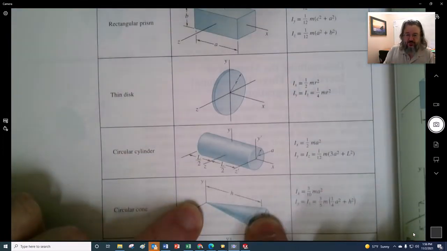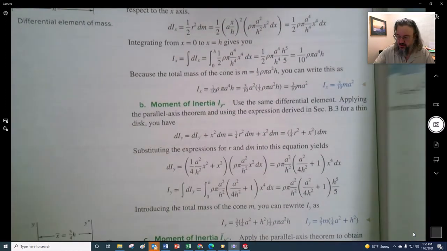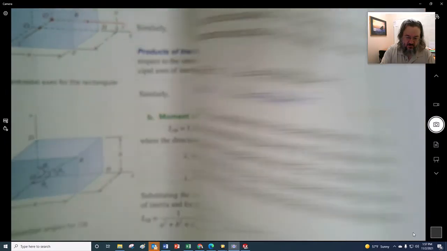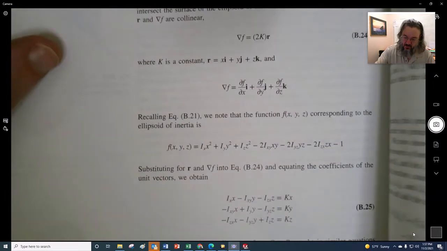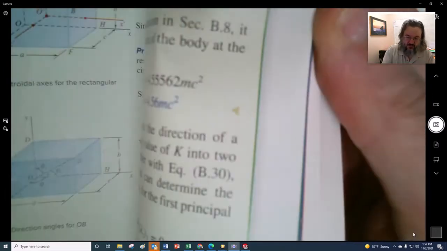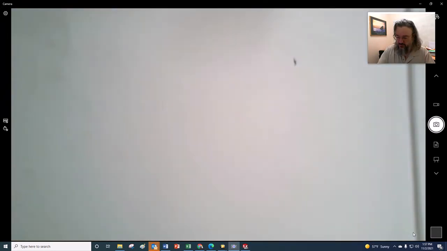But I'm looking for the height of the center of mass of this, and I'm not seeing it. Maybe back here? I think they don't have it. Yeah, I guess you're just going to have to live with that.